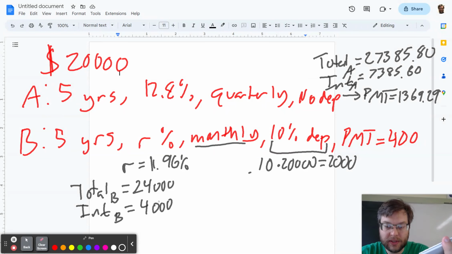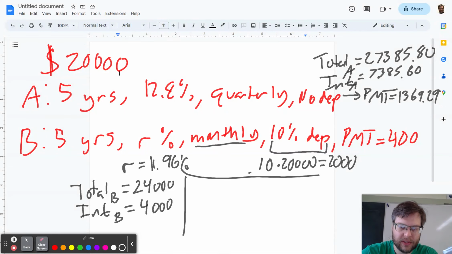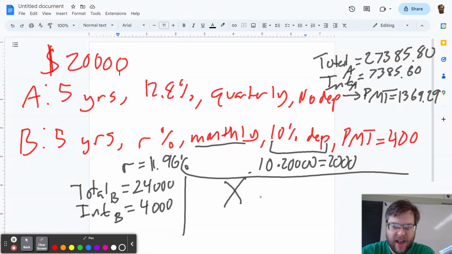If you didn't, though, let me show you the other way of thinking about this situation: you had a certain cost of the car, and then after you paid 10%, the remainder was $20,000. So you have X times 90% is going to give you $20,000.